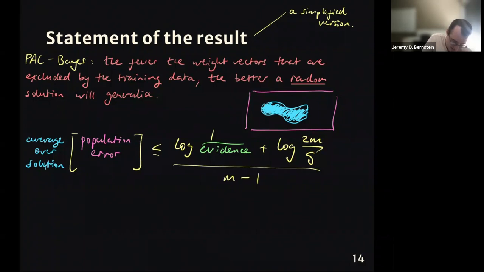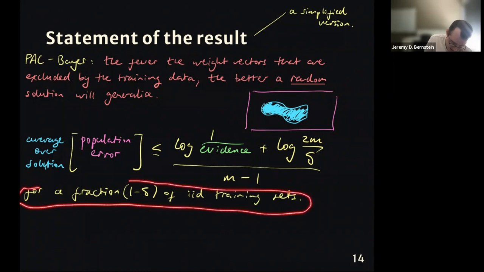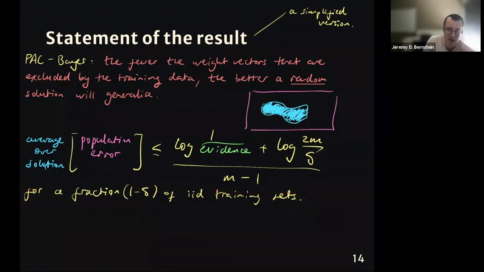And this result holds for a fraction 1 minus delta of IID training sets. What this statement says is that at the time that you sample your training set, there's a small probability that you get a bad one, which is difficult to learn from.